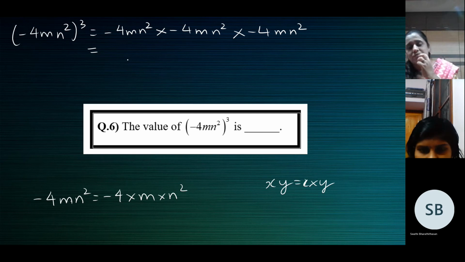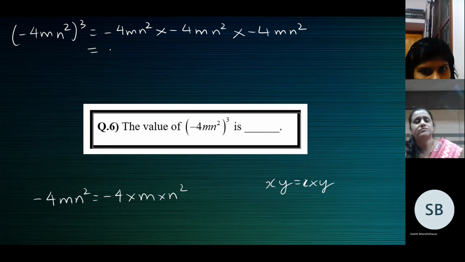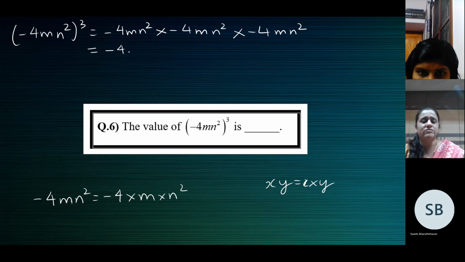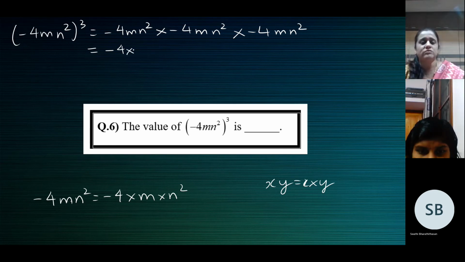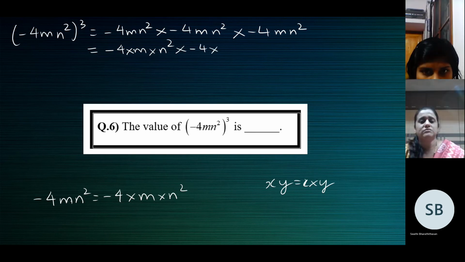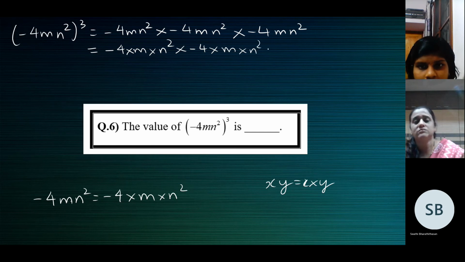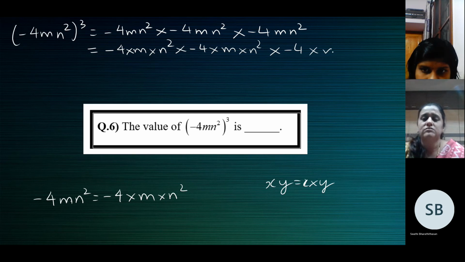Minus 4 into m into n square, ma'am. Then again? Minus 4 into m into n square, ma'am. Then? Minus 4 into m into n square, ma'am.